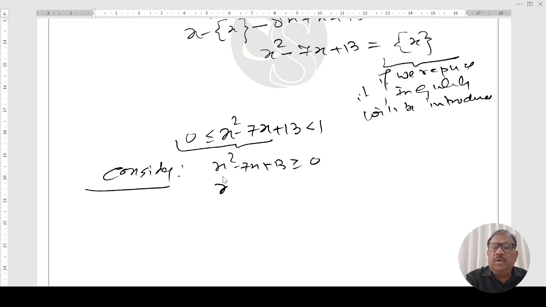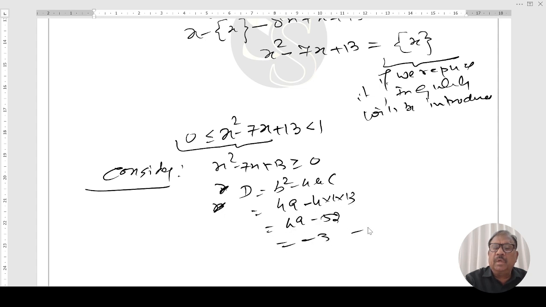Now, splitting of the middle term is not possible, so first of all find D, that is b square minus 4ac: 49 minus 4 into 1 into 13, 49 minus 52, that is minus 3, negative, which means less than 0.